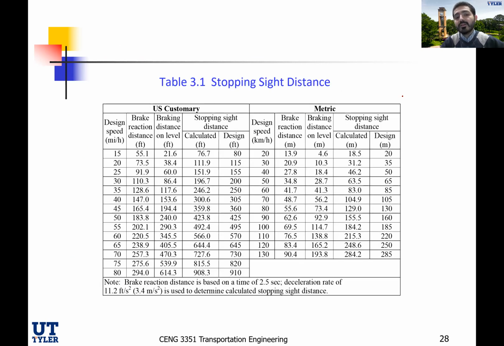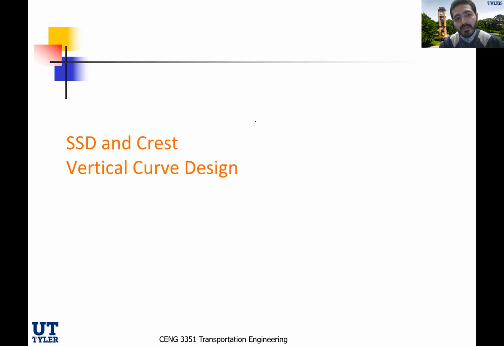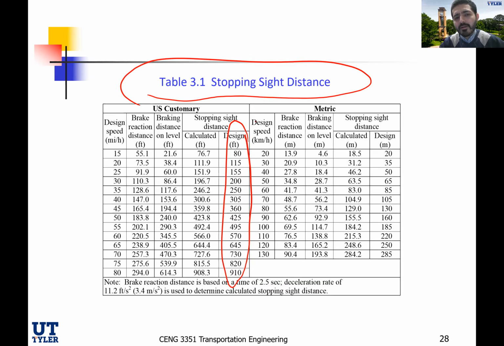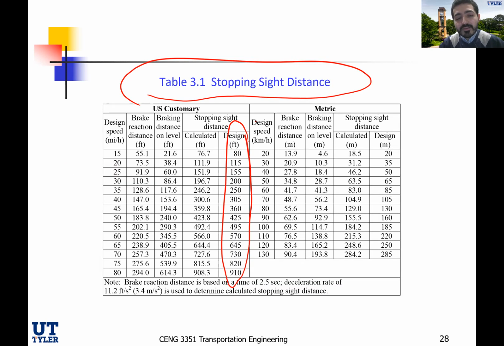You need to make sure you're using the right table. I'm going to give you multiple tables. Table 3.1 is the general one for stopping sight distance.